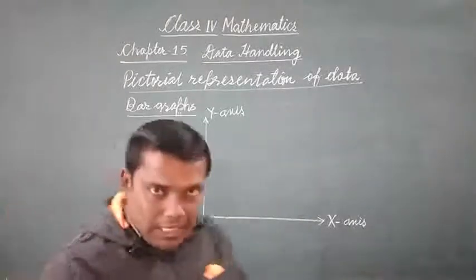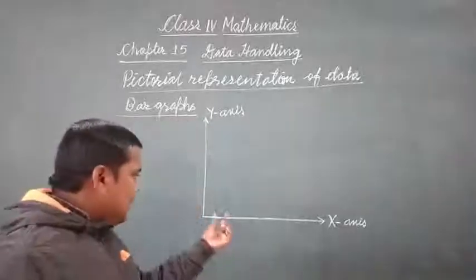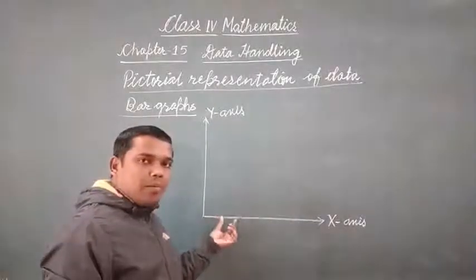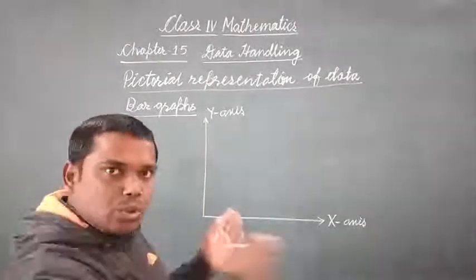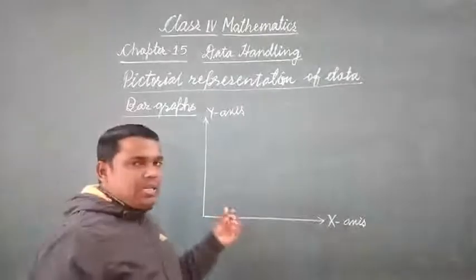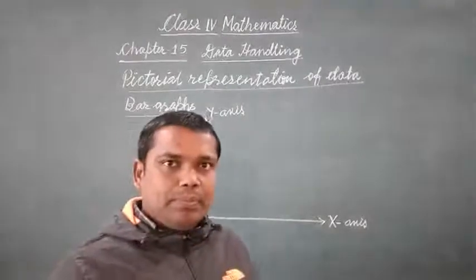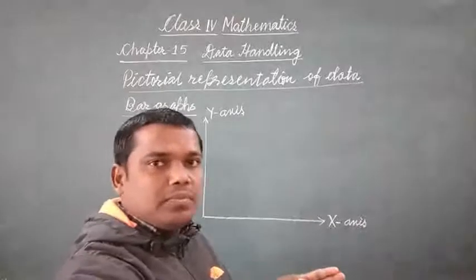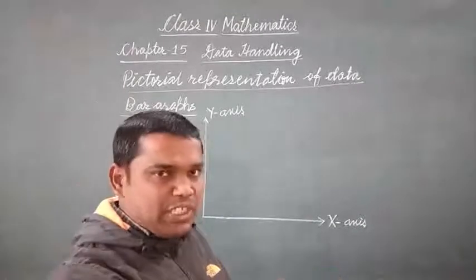When we draw bar graphs, we take the width of the bars the same throughout, and the spacing between the bars also the same throughout the representation.